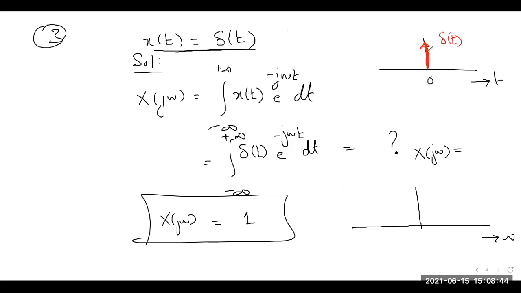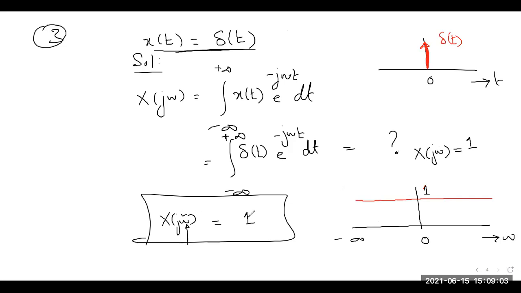So the result is that it is equal to 1, which means we have a straight line from minus infinity to plus infinity.